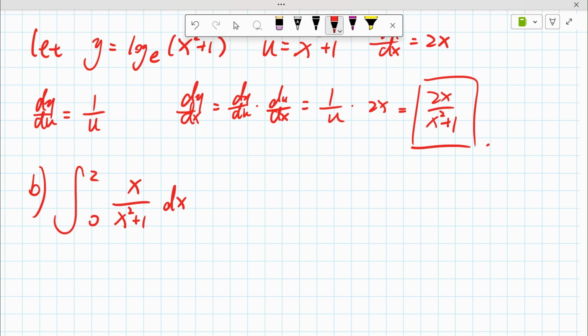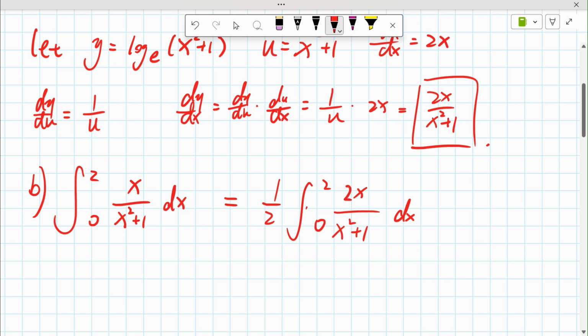So that means we can use that the integral equals half of the integral of 2x over x squared plus 1 dx, because 2 times half equals 1. So we can use that as our result.